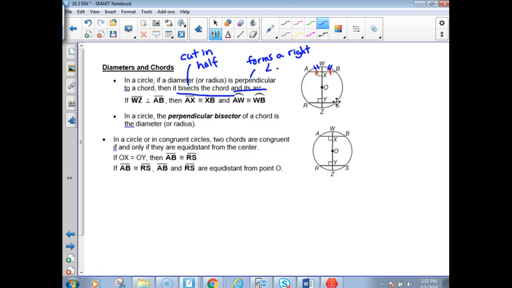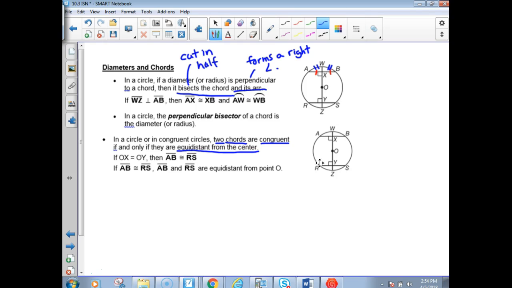because OZ is perpendicular to RS. I'm not going to assume anything at this point about whether it's equal to all the stuff up there, but based on what it's saying on this next picture, we're going to find out that it is. It says in a circle or in congruent circles, two chords are congruent if and only if they are an equal distance from the center.